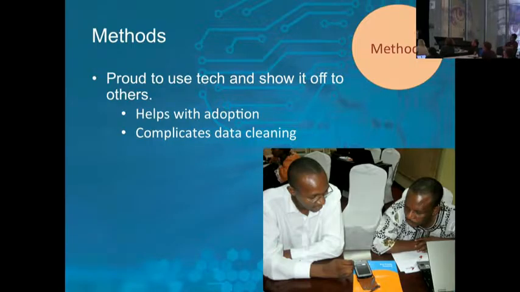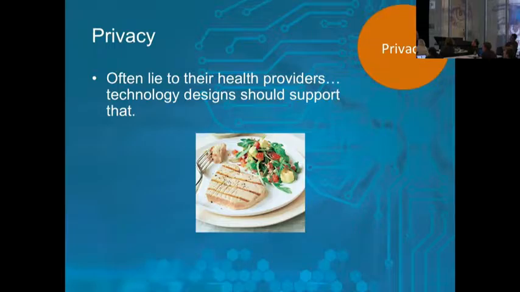In terms of privacy, there are a lot of interesting issues here. The one I'm going to highlight here is we all kind of fib to our health providers, how many alcoholic drinks do you have a month, those kinds of things. And I think it's a little bit more interesting and severe with this population because the power imbalance between a low-income population and their providers is very different. This population often doesn't want to get chastised by their providers for doing something that maybe they know they're not supposed to do.